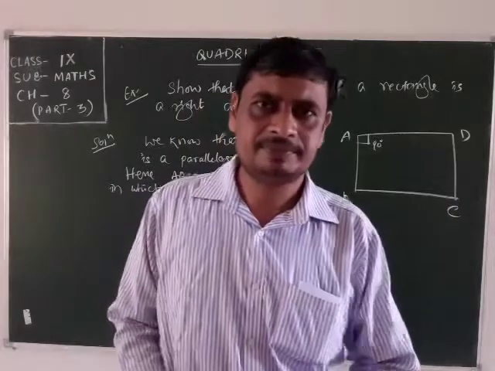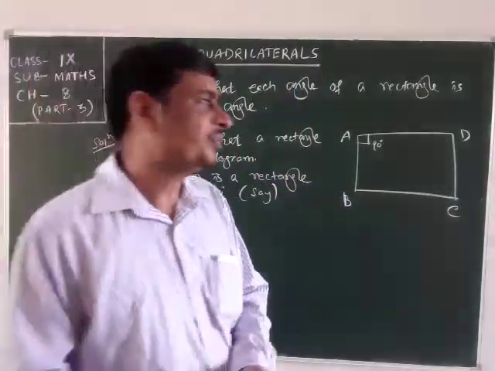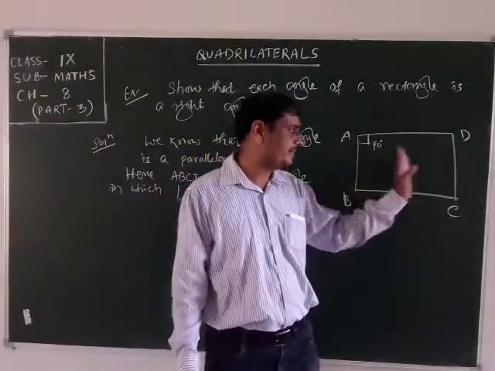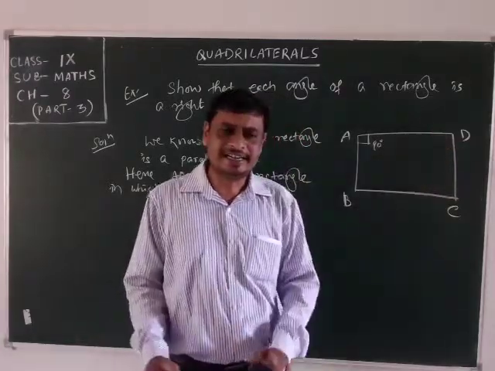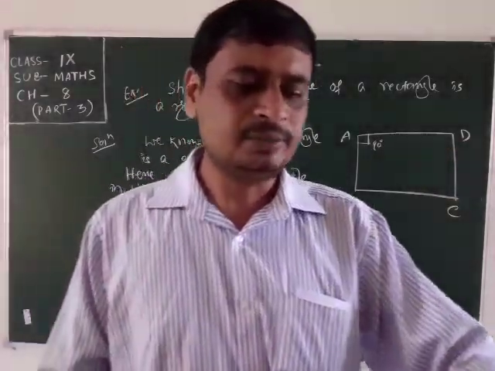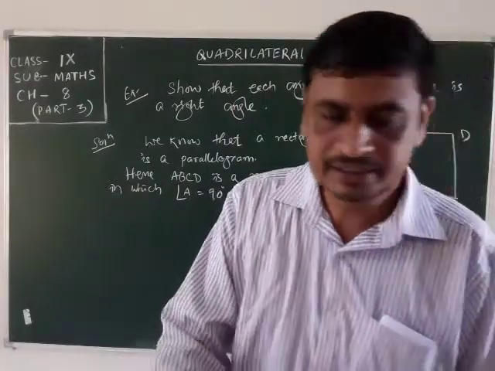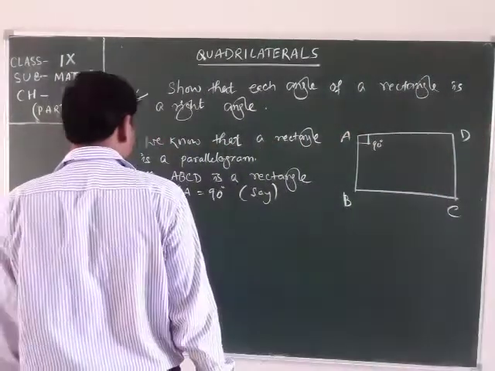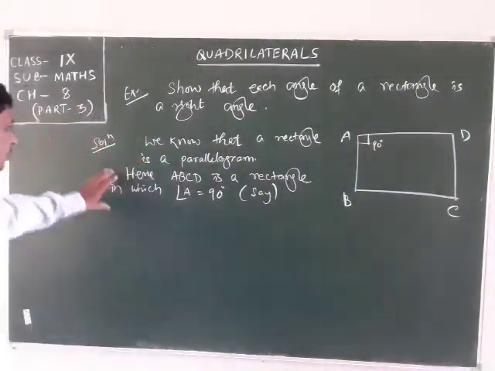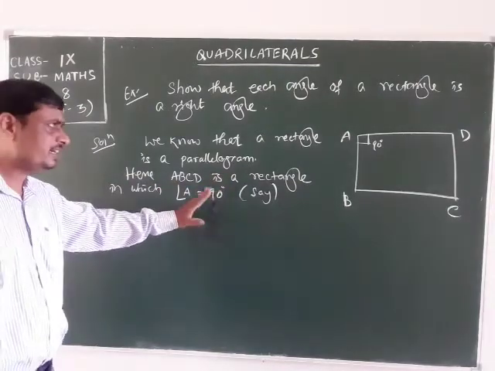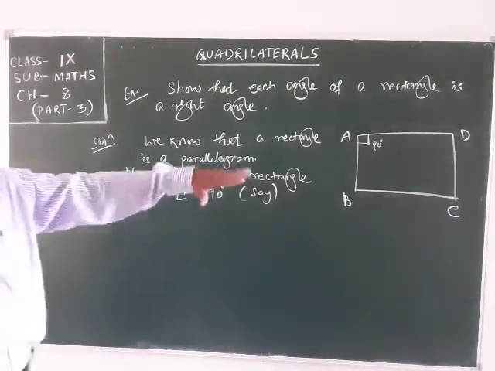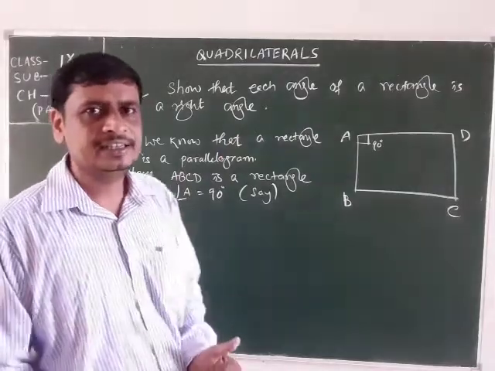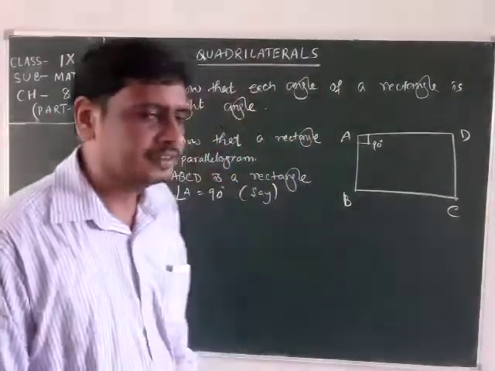It is given to us as a rectangle, and we have to show that all the other angles, B, C and D, are also 90 degrees.